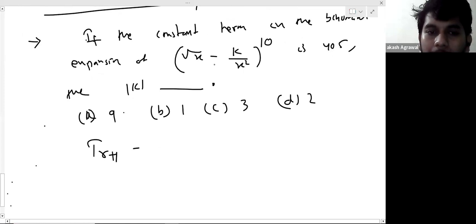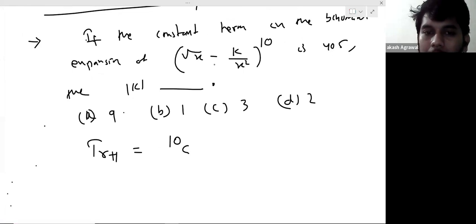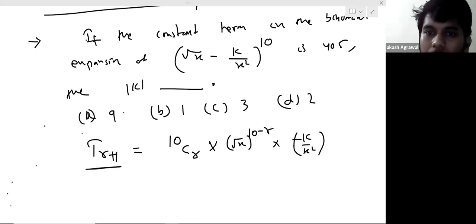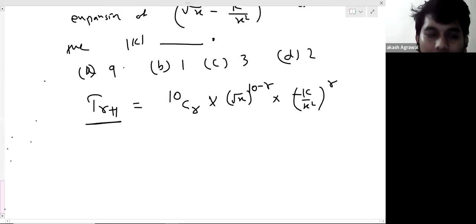We write 10CR, x to the power 10 minus r, into minus k by x square raised to r. Now they are saying independent of x.